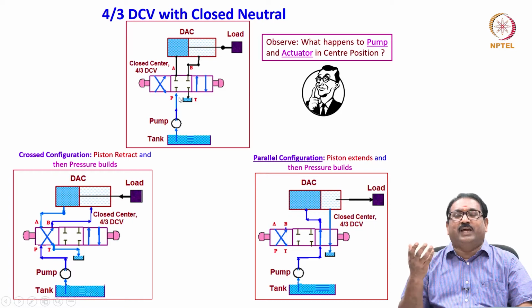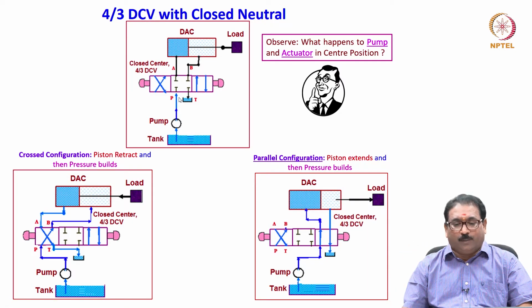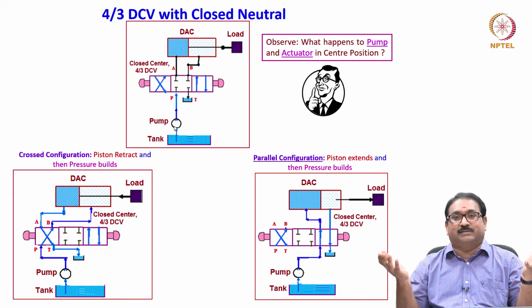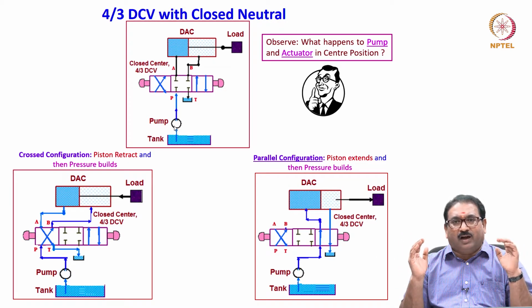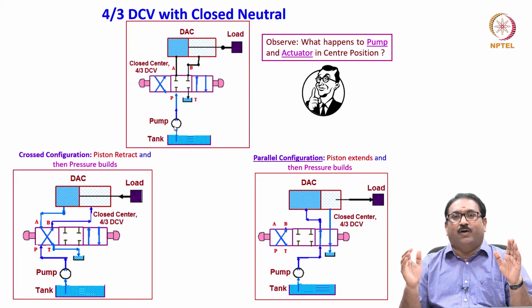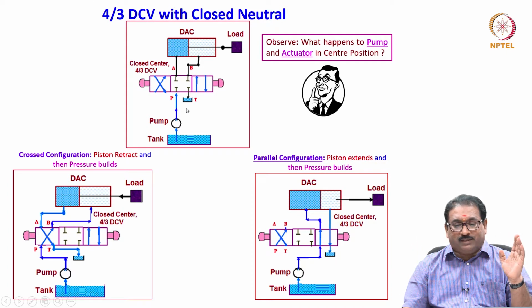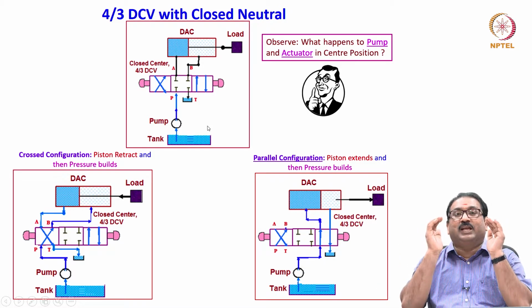Energy will go to waste. Also, the pump used here is a positive displacement pump. No space is there to go to the tank. What happens? The pump will burst, friends. That is why, to safeguard such a pump, the outlet of the pump is always connected to the pressure relief valve.